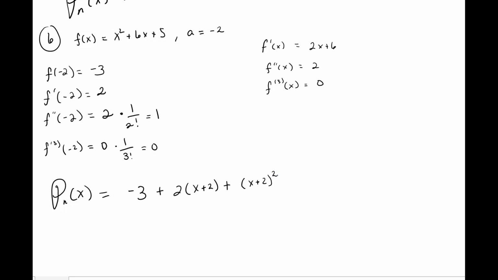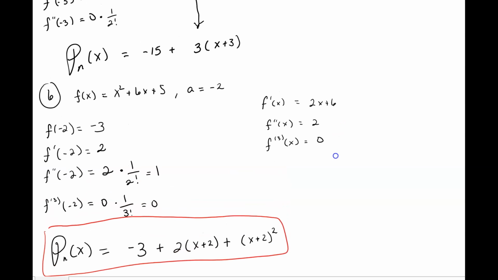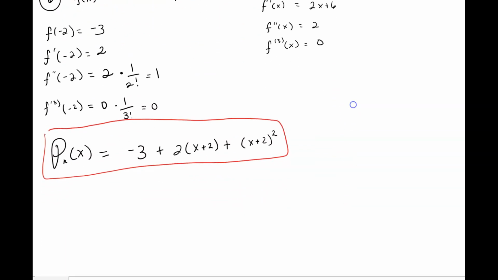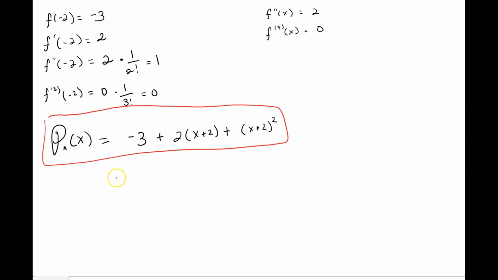So, this one, I will do the expansion just because I want you to see this is the answer right here. This is the Taylor polynomial. But let's go ahead and work this one out. I'll do the quick expansion in a different color.